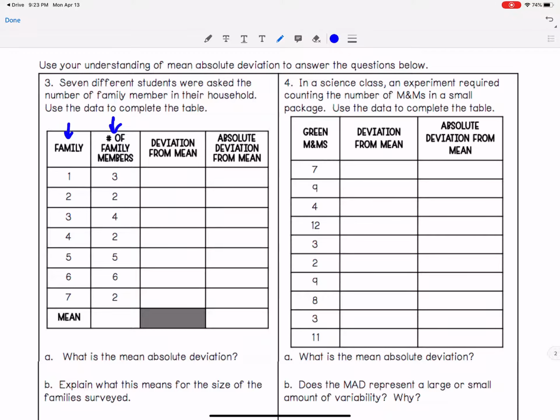Well, let's go back up to the first step. We need to figure out what our mean is going to be, or the average. And then we have to figure out how much that deviates from the mean. To find the average, we're going to add all of these things up together. Let me scroll back up.